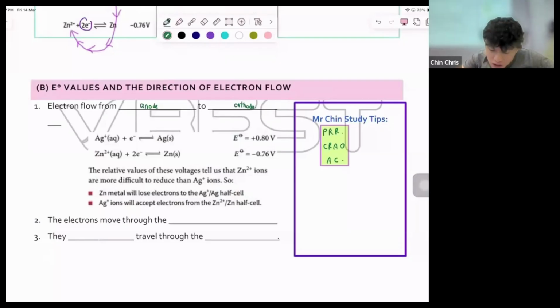All right, guys. Do you see that this value is more positive? PRR. Next, positive always cathode reduction. All right. So I know that this is my cathode, this is my anode. So the electron will flow here. Get me?